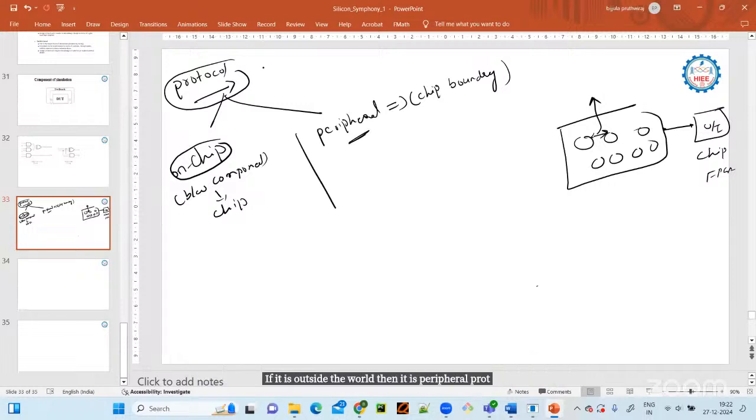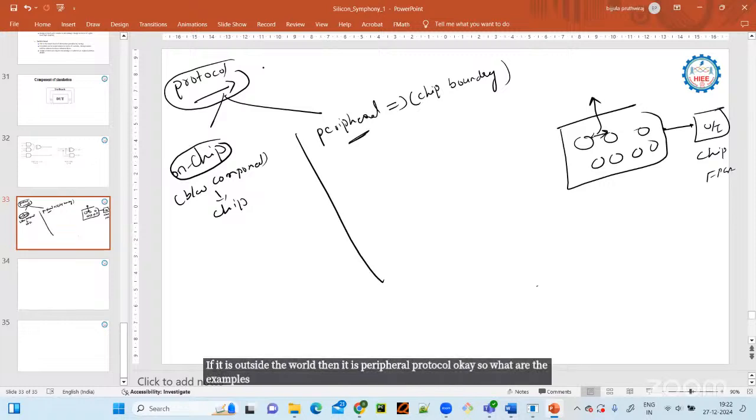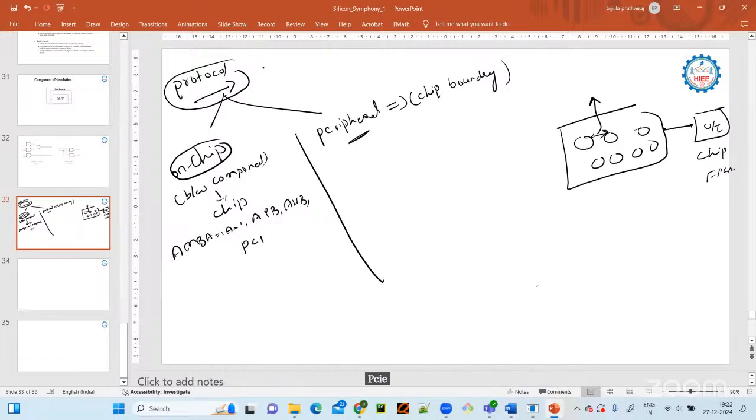Okay, so what are the examples of on-chip protocol and peripheral protocol? The examples for on-chip protocols include all your AMBA protocols, like AXI, APB, AHB, and PCI. All these are your on-chip protocols.